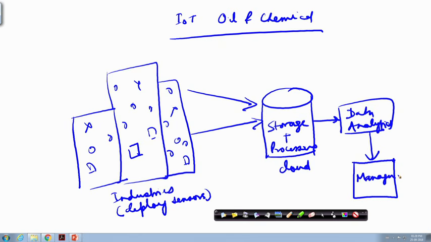So, manager at a high level I am mentioning. It could be any type of manager, whoever needs access to the data. So, this is holistically how it is going to happen.